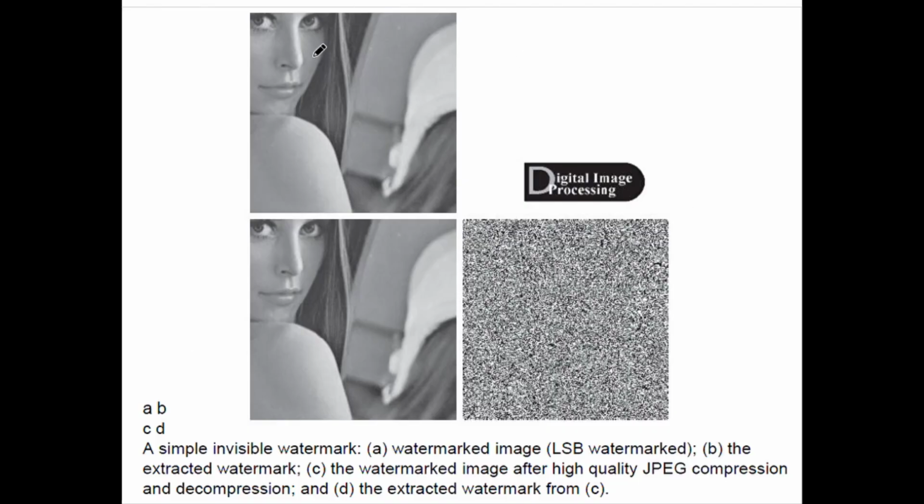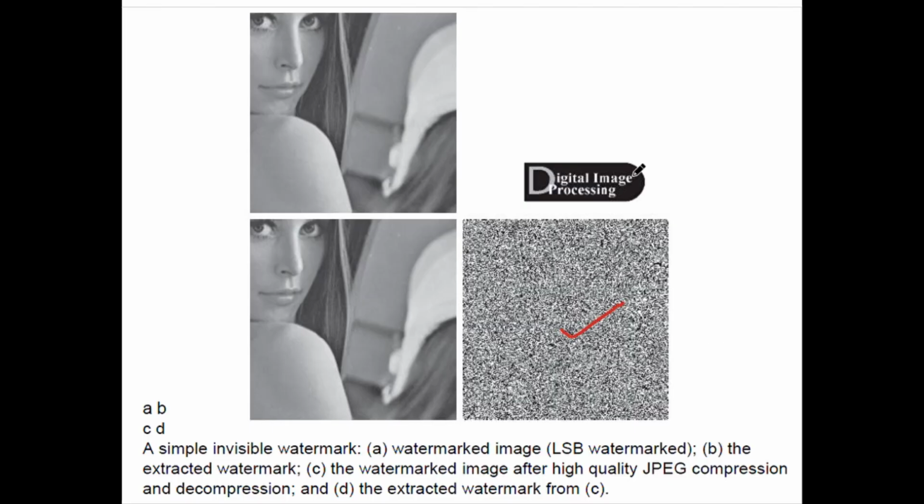See the example. The first one, A, is the watermarked image, and B is the extracted watermark. And image C is the watermarked image after high quality JPEG compression and decompression. If you want to extract the watermark from it, you get this as the watermark.